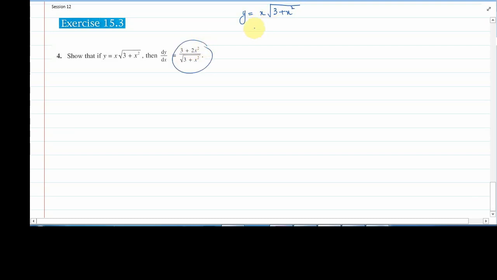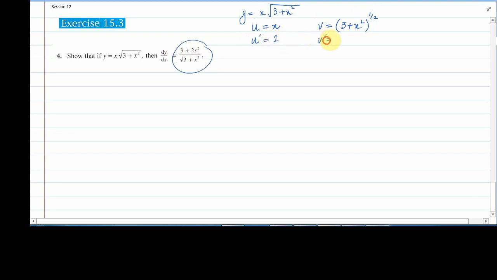So first start with u into v because there are two functions that are multiplying. So u is equals to x, v is equals to 3 plus x square with the power of 1 upon 2. So the derivative of u is 1.